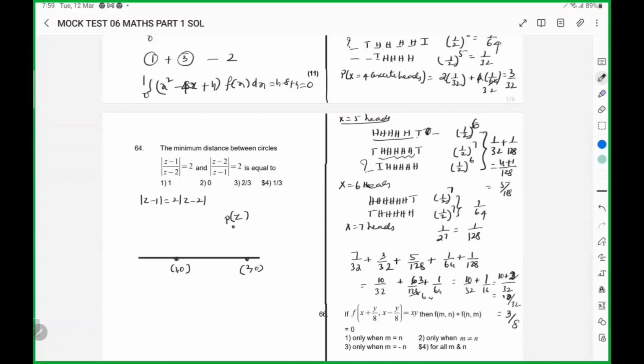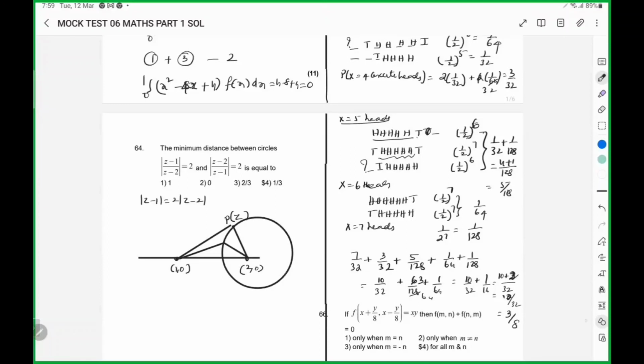Z minus 1 represents this line. Z minus 2 represents this line. Like that you have many points. So it forms a circle.